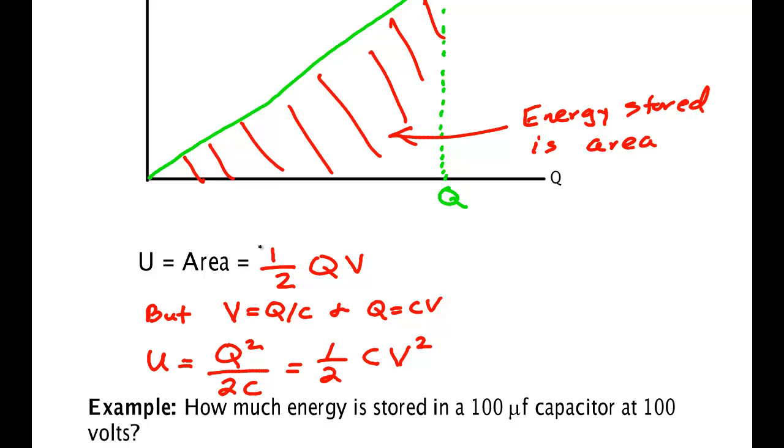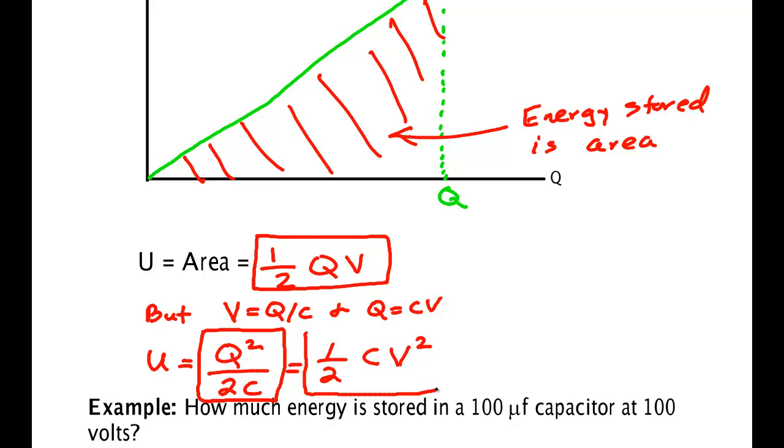So these are really just the area under the curve, but you can rewrite it using the definition of capacitance in a couple of different ways, and I would say that the last one here is probably usually the more useful of the three.